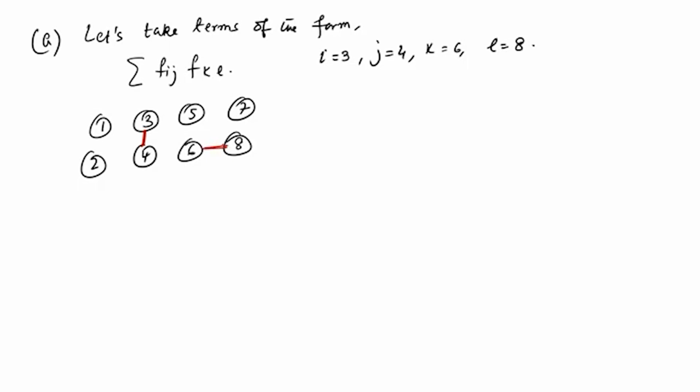So, that is what is committed here, because you have i equal to 3, j equal to 4 and k equal to 6 and l equal to 8. So, these are the pairings.